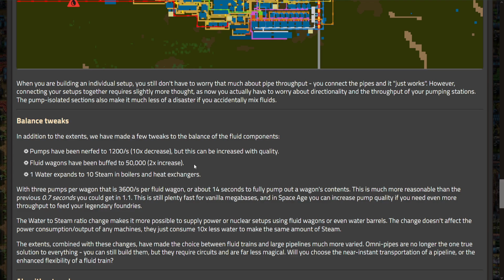I guess that had 75,000 storage capacity. But yeah, the water expands to 10 steam. I think it is 1:1 at the moment. Or 10:10, I'm not sure what the input and output numbers are exactly. So basically you need to transport less water.